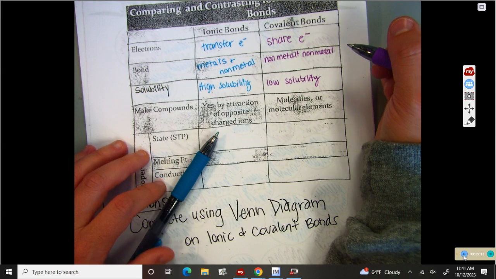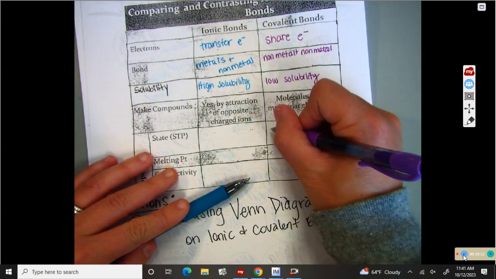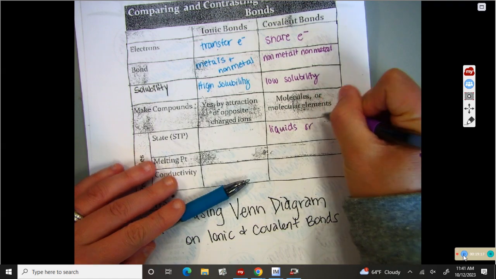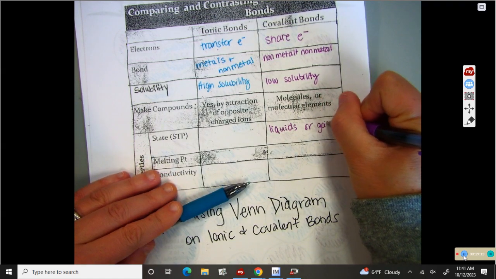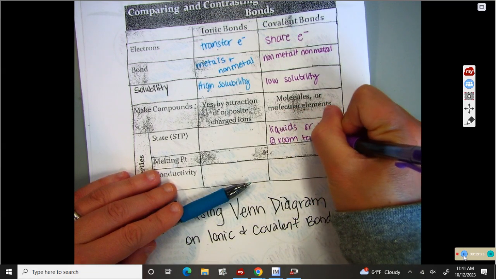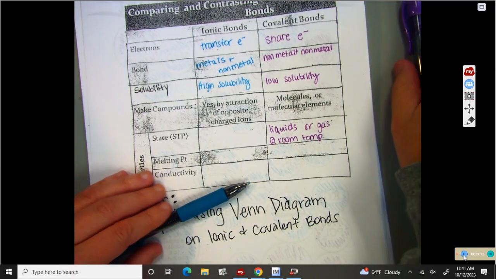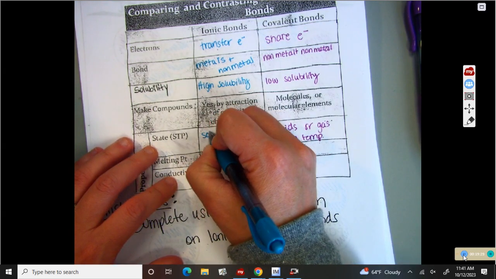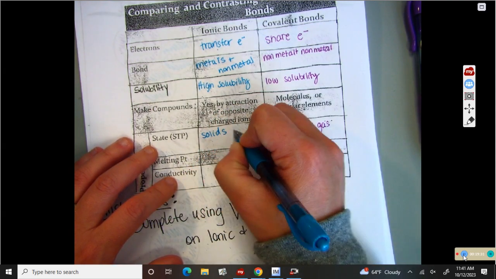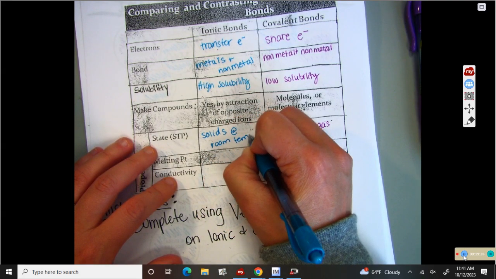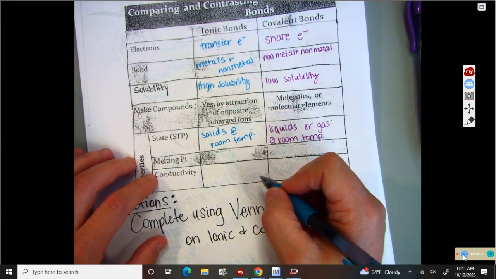All right, now at room temperature, we know that covalent compounds are going to be liquids or gas. And we know that because there are metals in our ionic bond, they are going to be solids at room temperature. Now for the melting point.